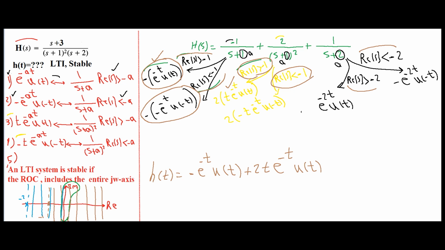And from the third pair, the case with real s greater than minus 2 includes the j omega axis. So we choose e to the power of minus 2t u(t). In this way, the impulse response h(t) is fully obtained.